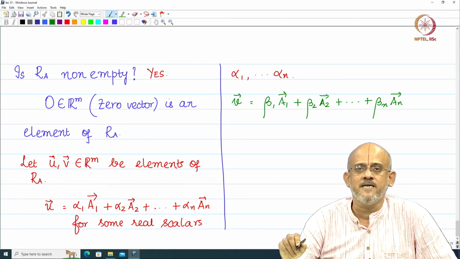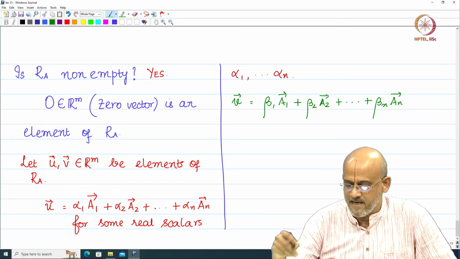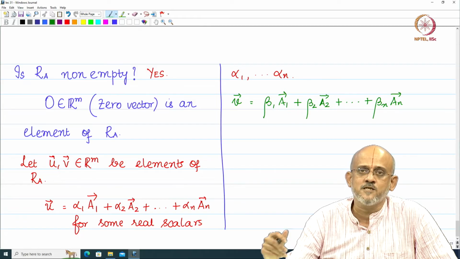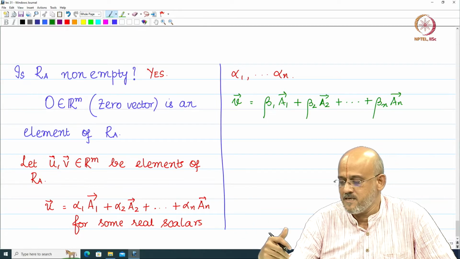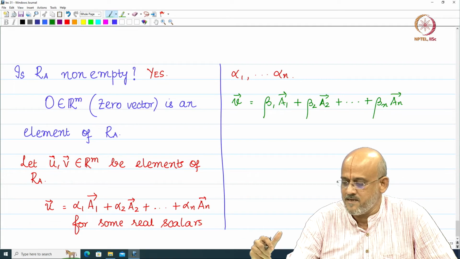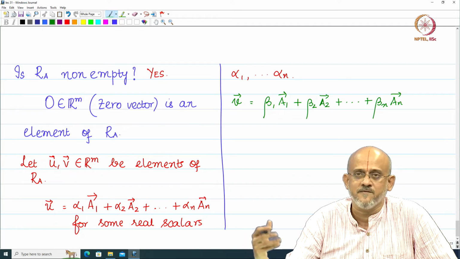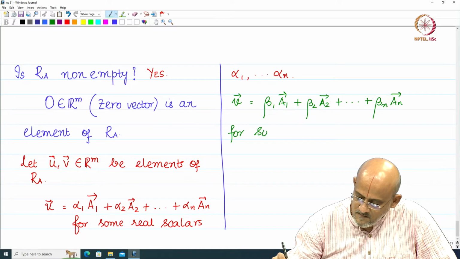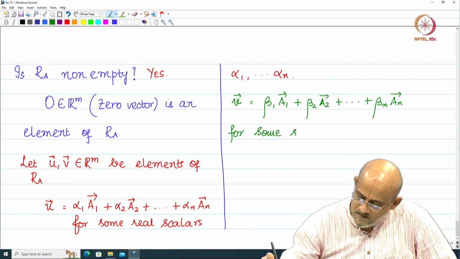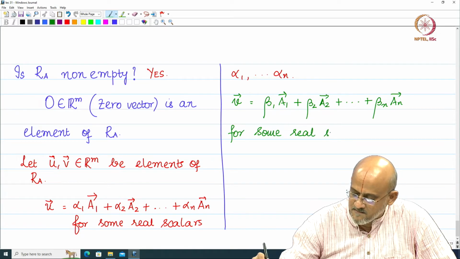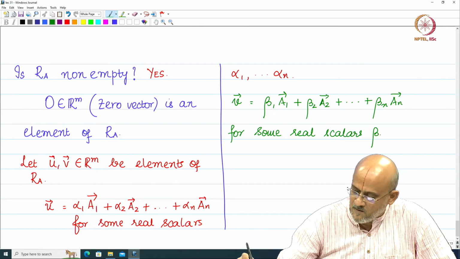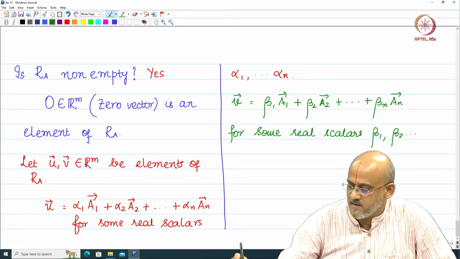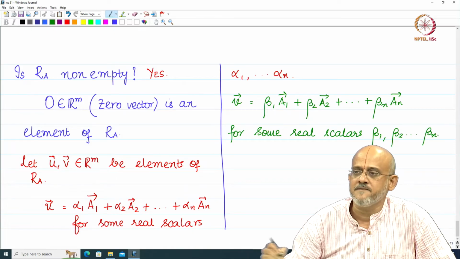Because V is also an element of this RA, V can also be expressed as some other linear combination, that means for some other real scalars, let us say beta 1, beta 2, etc, beta n.